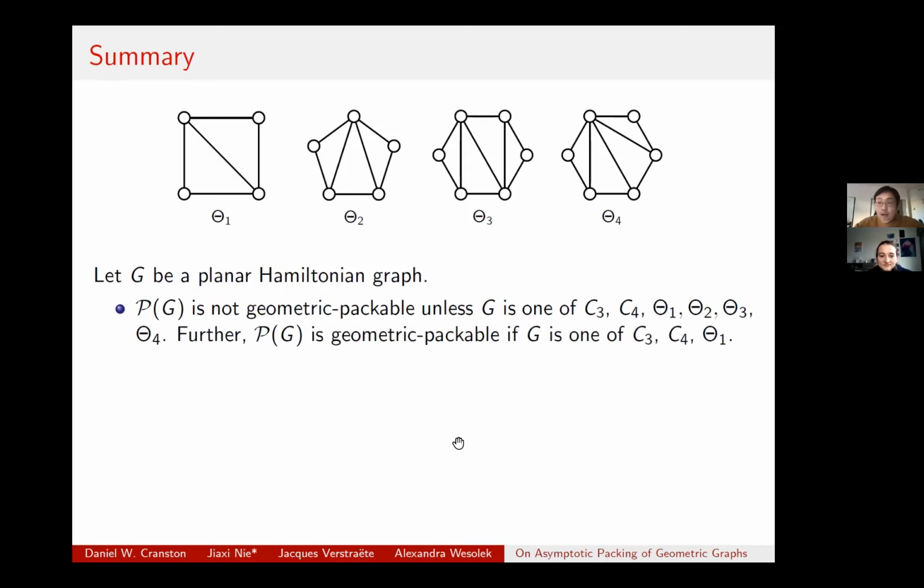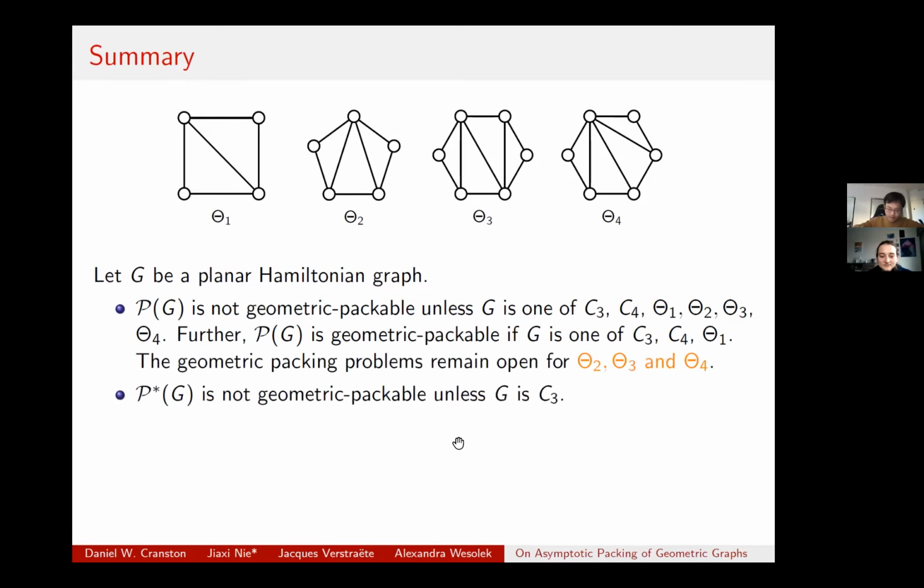And further, we show that 3 of the 6 of them are geometric packable. So the geometric packing problem remains open for 3 cases, that is theta 2, theta 3, and theta 4.